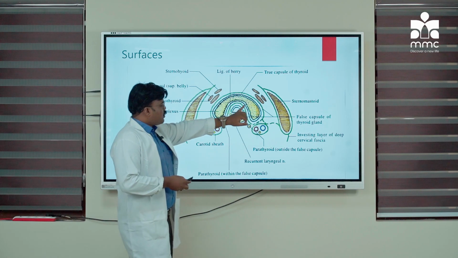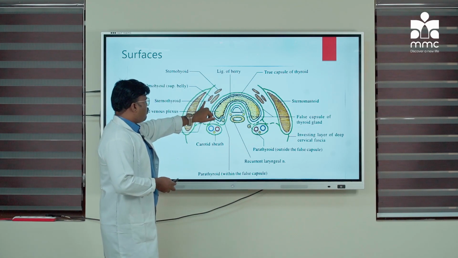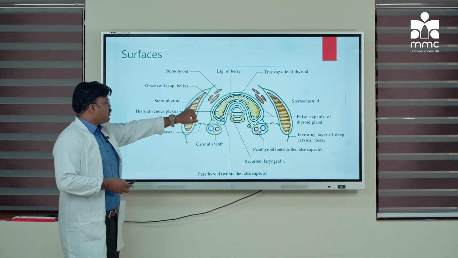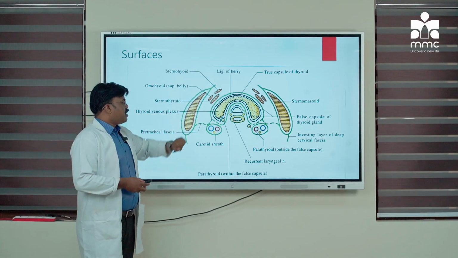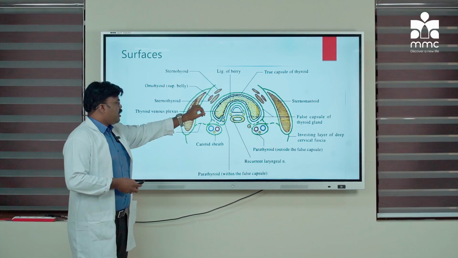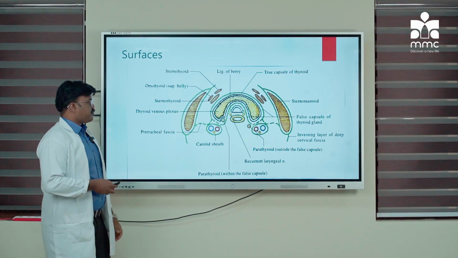The anterior lateral surface is related to the muscles, that is the sternothyroid, sternohyoid, and superior belly of omohyoid, and then the anterior border of sternocleidomastoid.